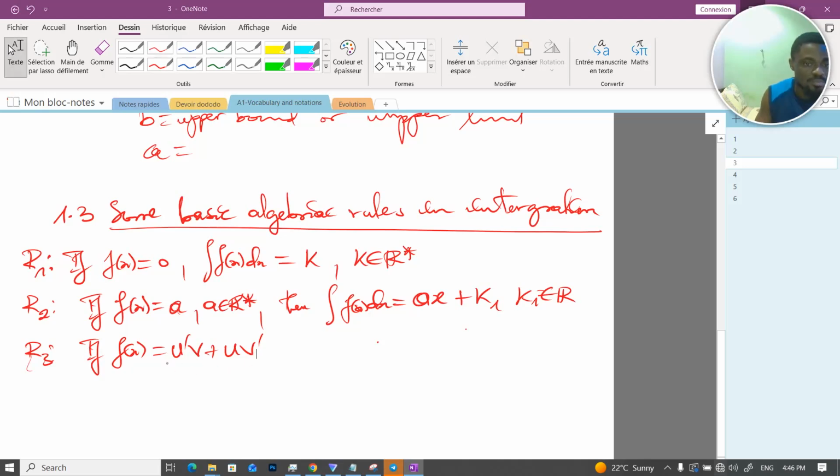This is simply the product rule we saw in differentiation whenever we are asked to differentiate products, which is v du dx plus u dv dx. So if f of x is a function that resulted from differentiating a product of two functions, in this form, then the integral of f of x dx will be simply u times v. You understand?